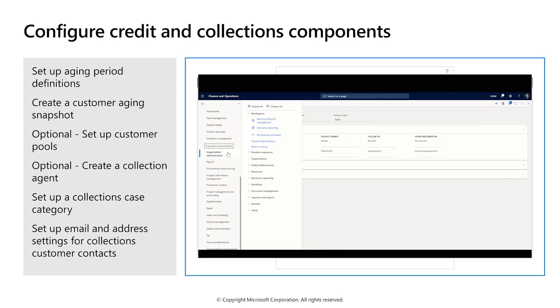Other option is to create collection agent. If multiple people in your organization do collections work, we can set up a collection team. We can select the team on the account receivable parameter page.